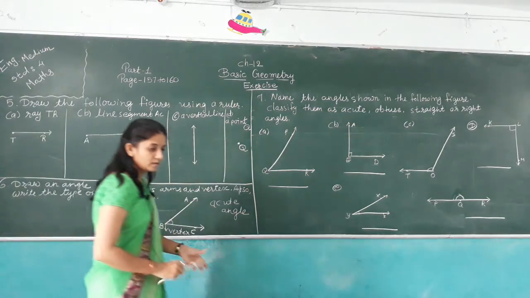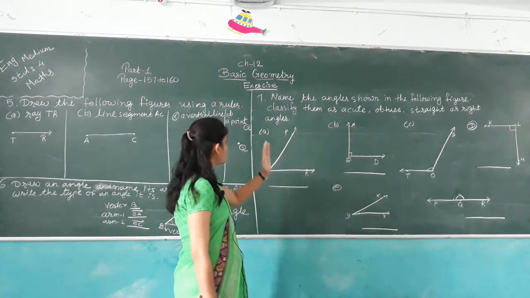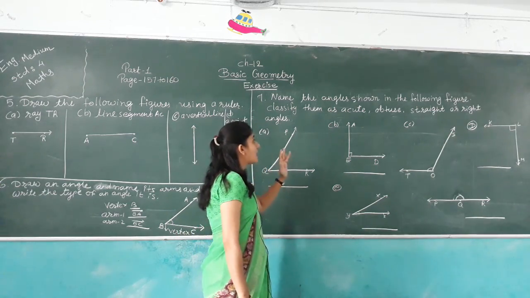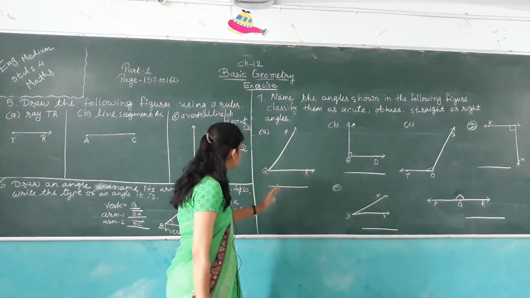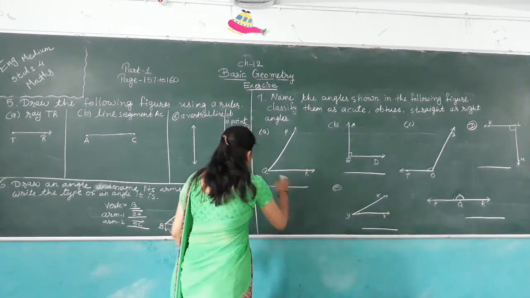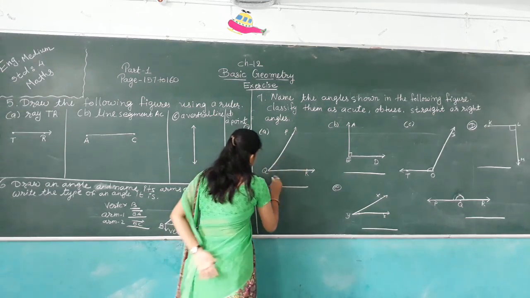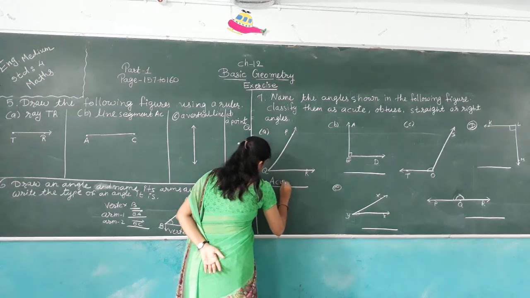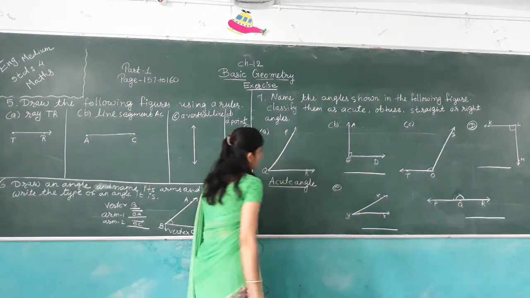Now the next one. Name the angles shown in the following figure. Classify them as acute, obtuse, straight or right angles. First one: this angle is less than a right angle, so it is called an acute angle.